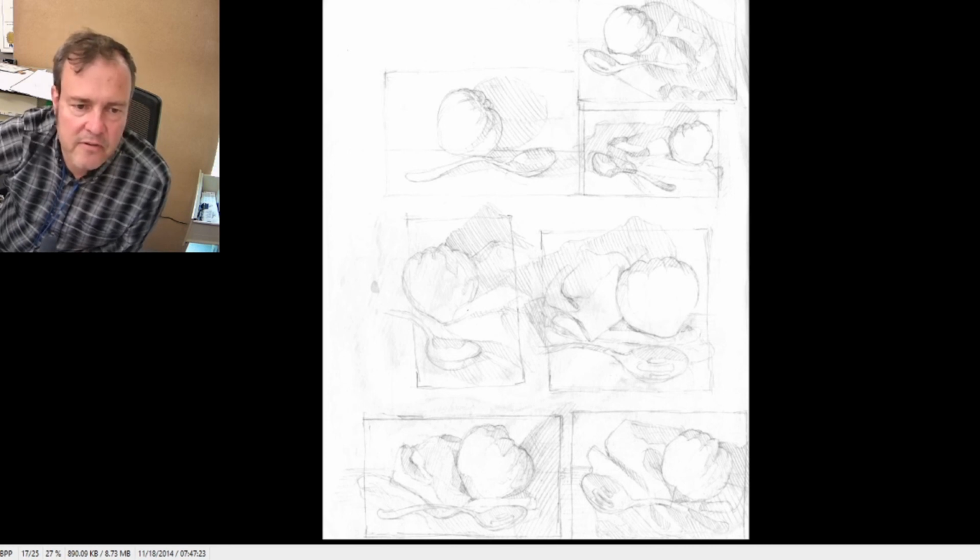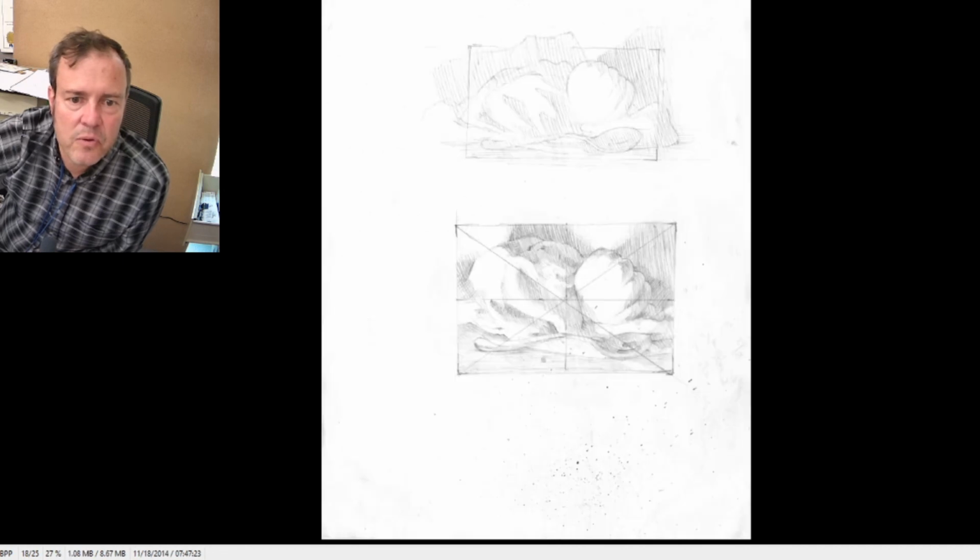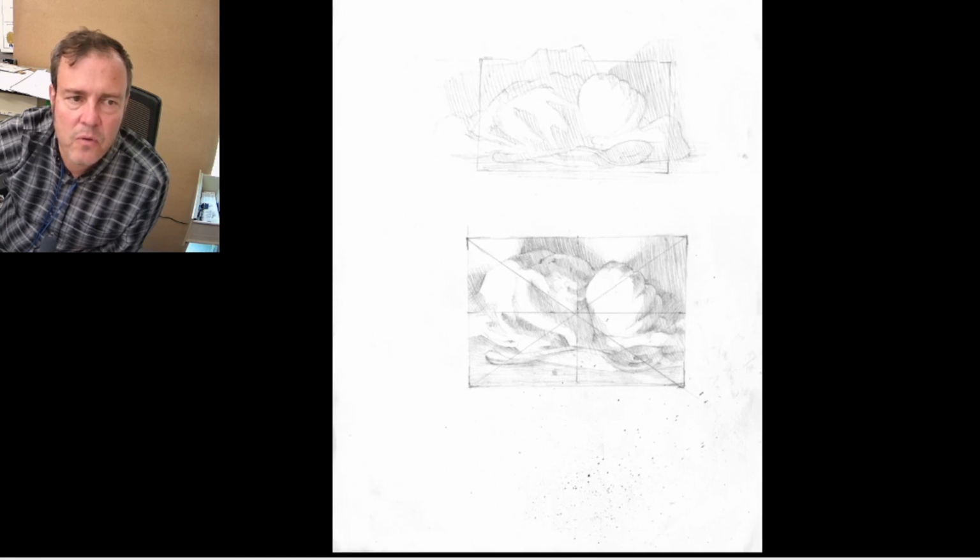This was a very gifted student who really thought through what this design was going to be. You can see this was the final design. You can tell because she put a little grid on there. She's going to grid it up onto her final page.